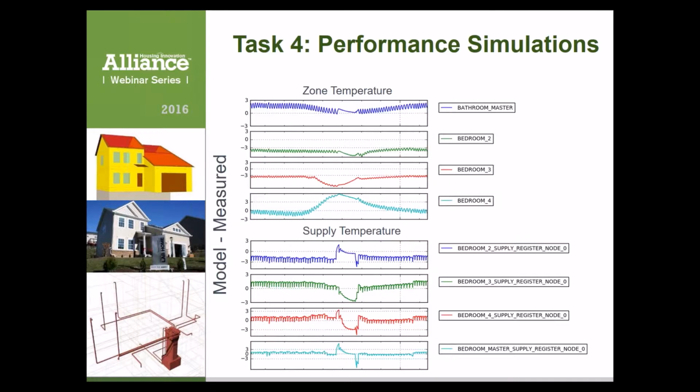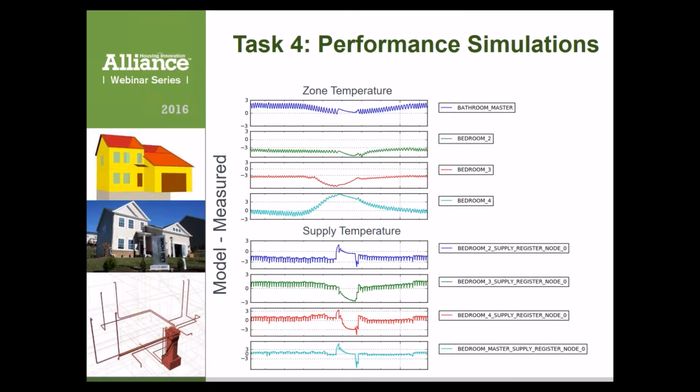That's critical because we're trying to use this model to understand comfort, and our key metric for comfort is temperature. And so you can see here that some of the rooms are closer than others. This is kind of in the middle of the adjustment phase, so we're still in the process of making some tweaks to improve that accuracy, but it's coming along quite well.